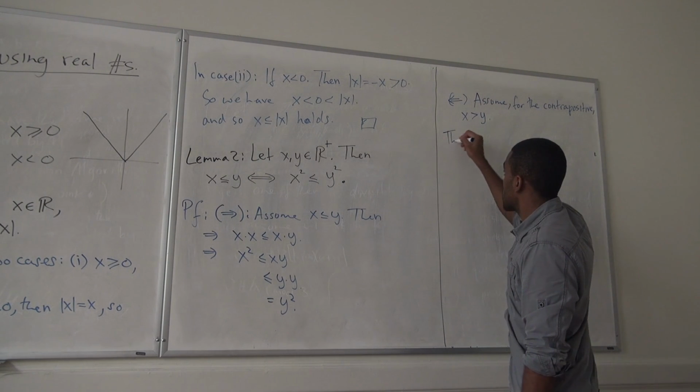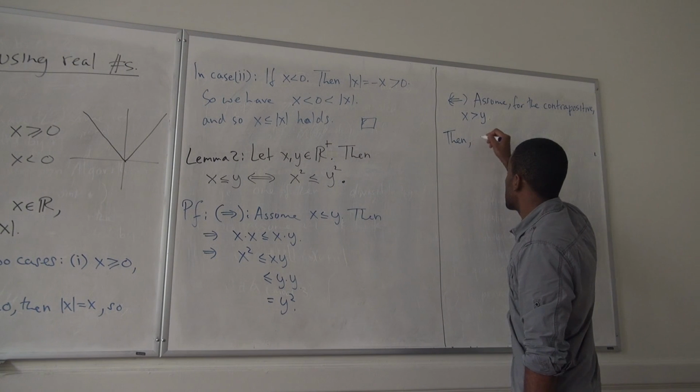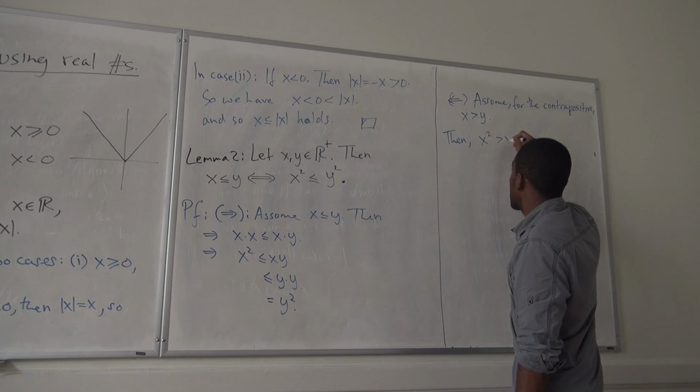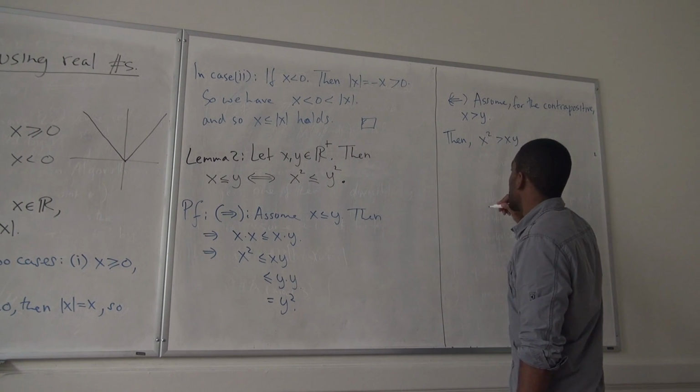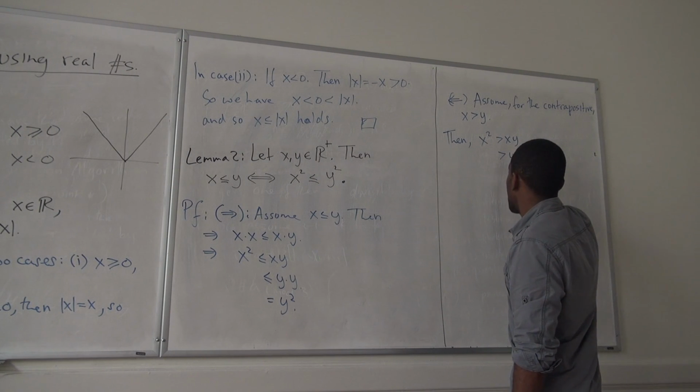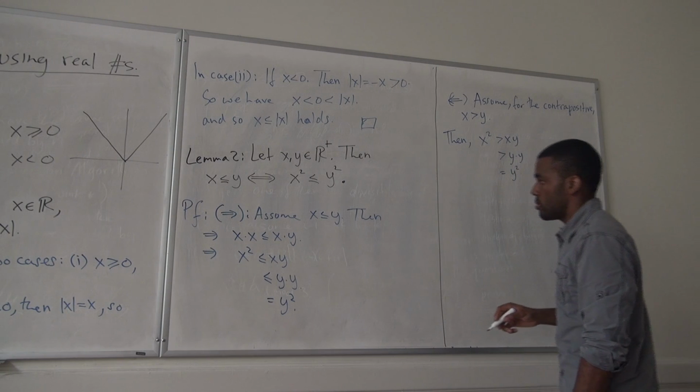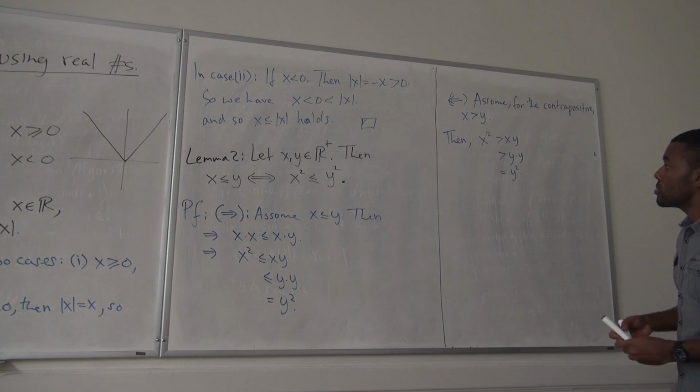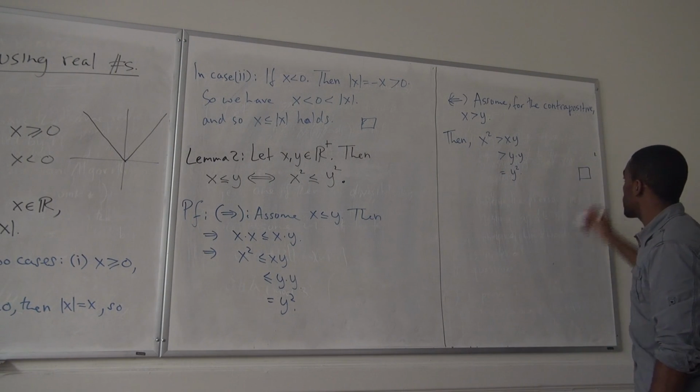Then x squared would be greater than xy. And since x is greater than y, this is greater than y times y, which equals y squared. So we have that one.